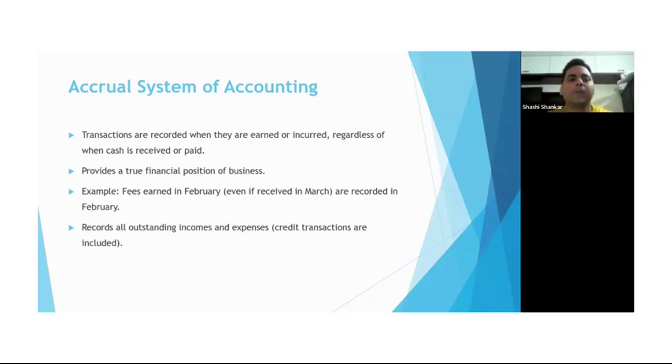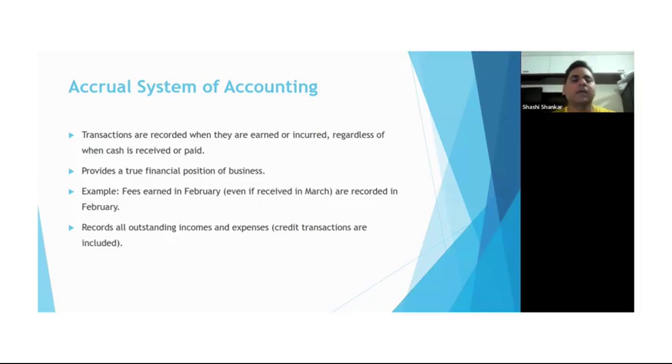If you are comparing these two systems, cash versus accrual, in cash a transaction is only recorded when it is received or paid. If it is not received, it should not be recorded. In the accrual system, it doesn't matter even if it is not received; if it is incurred or earned, it should be recorded in the books of accounts.